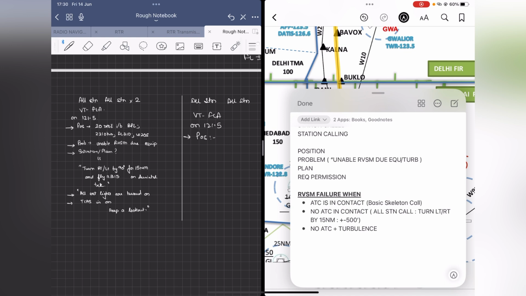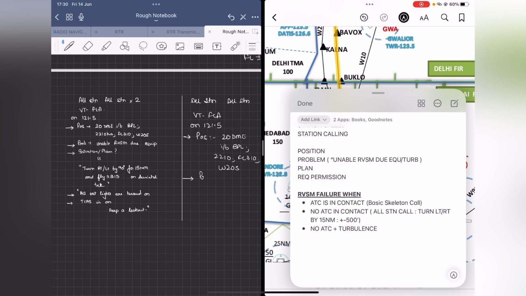Position 20 DME inbound Bravo Papa Lima, 2210 hours, flight level 310, Whiskey 20 south.